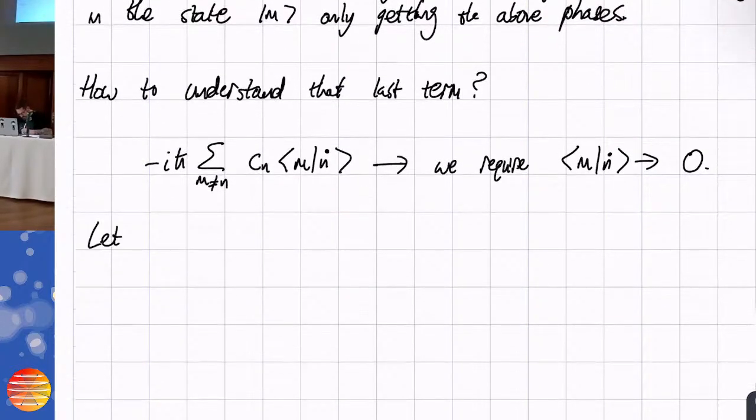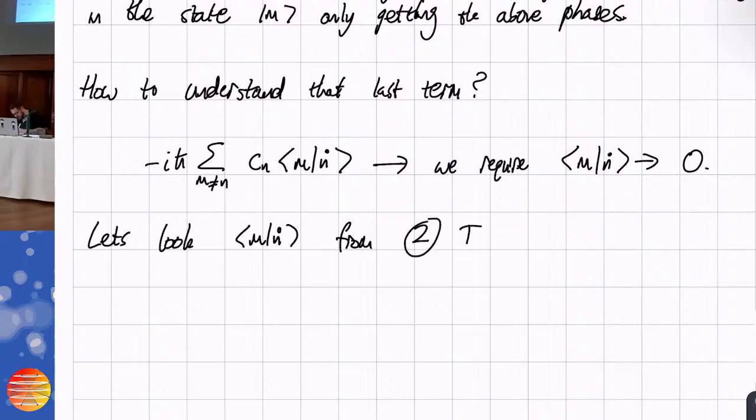So let's look at <m|ṅ> a little bit more carefully, from the time-independent Schrödinger equation. This is what I use to build my ansatz solution in the first place.